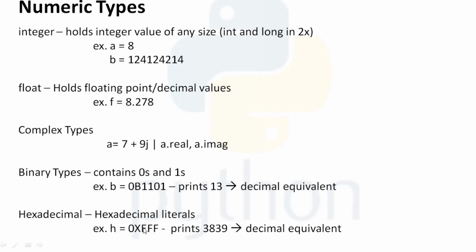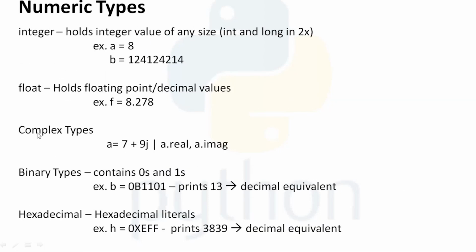And this EFF is nothing but the value. So this 0xEFF is equivalent to 3839 in decimal.